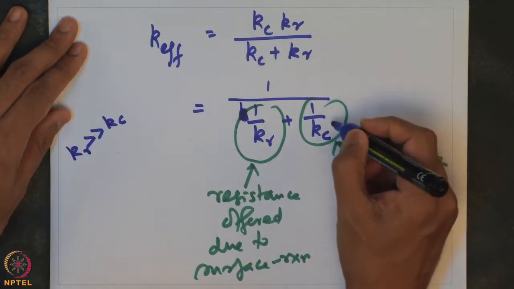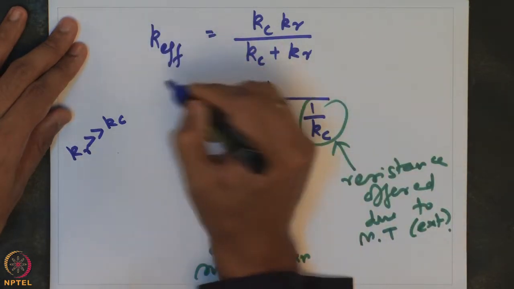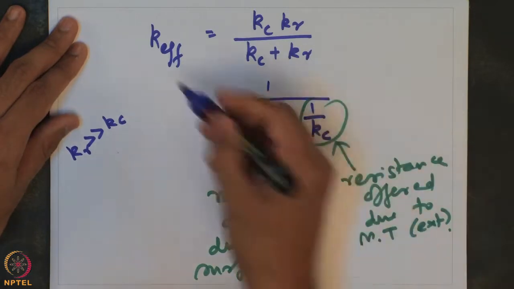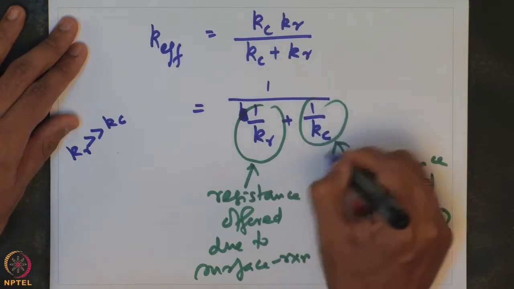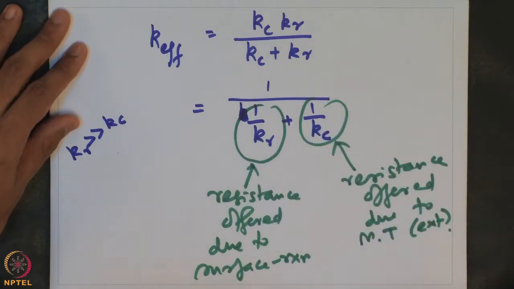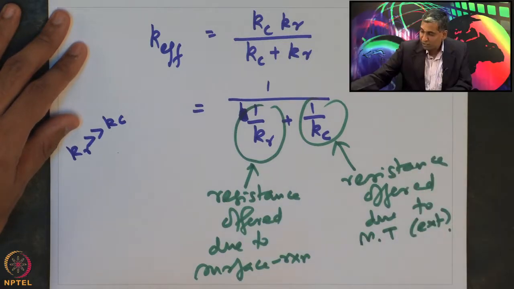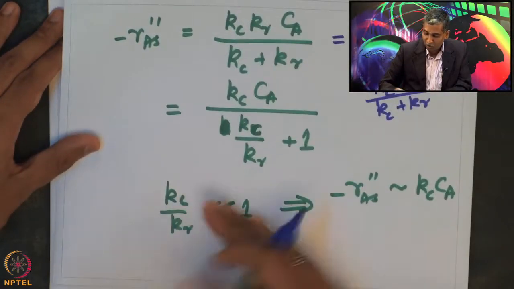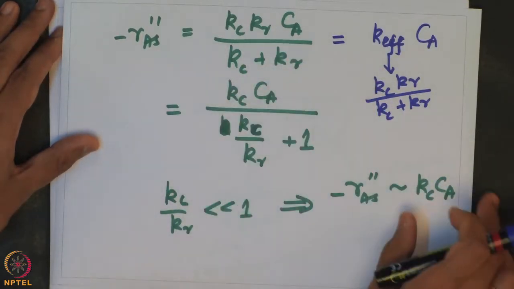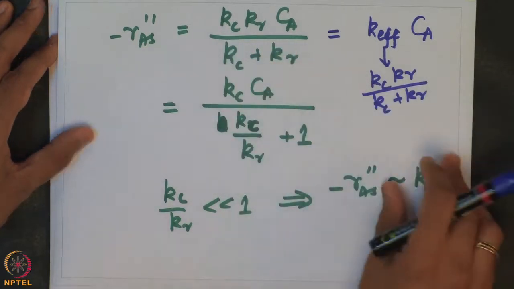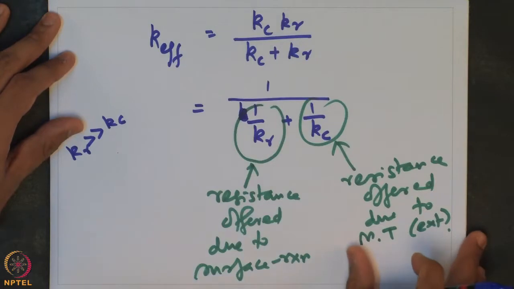Therefore, we can clearly see that the effective rate constant, which quantifies the overall rate at which the reaction happens, will depend only on 1 by Kc, the resistance offered due to the mass transport. This is another way to look at it; one way is what we saw a few moments ago by directly knocking off terms in the overall rate expression, or we can look at it from the rate constant perspective as well.